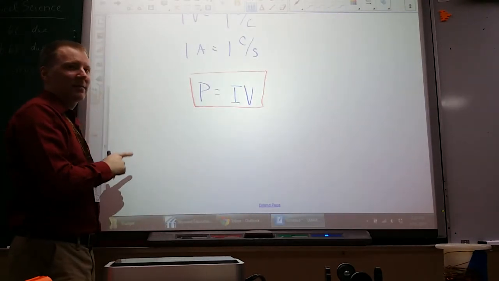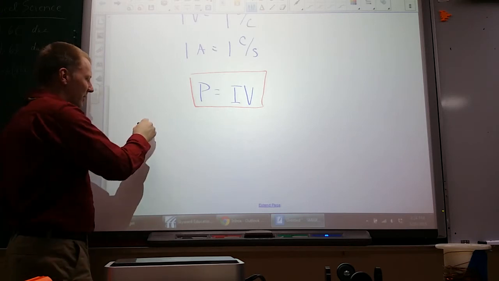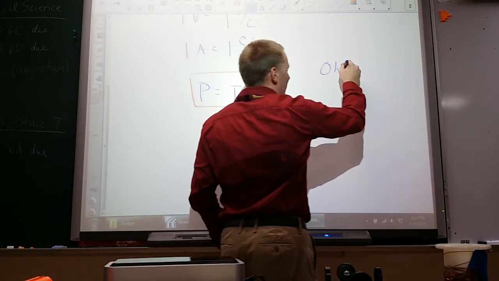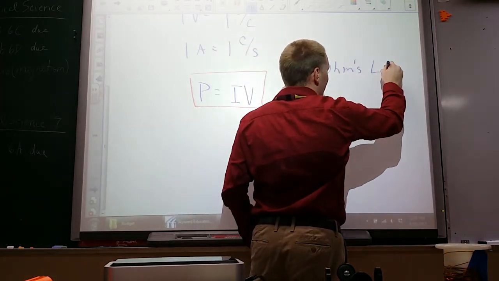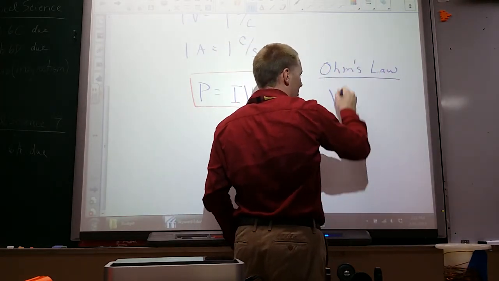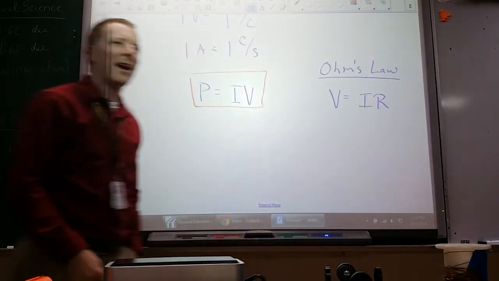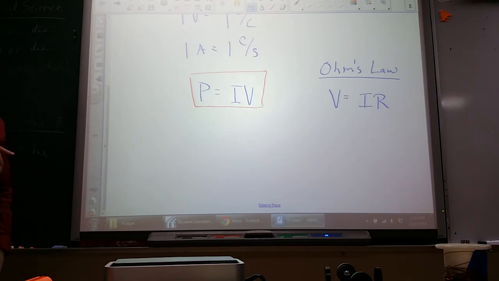Let's combine this so we can see it with Ohm's law. And Ohm's law was V equals I times R. We're going to start applying that a lot this week to different circuits and things. But that's voltage is equal to current times resistance.